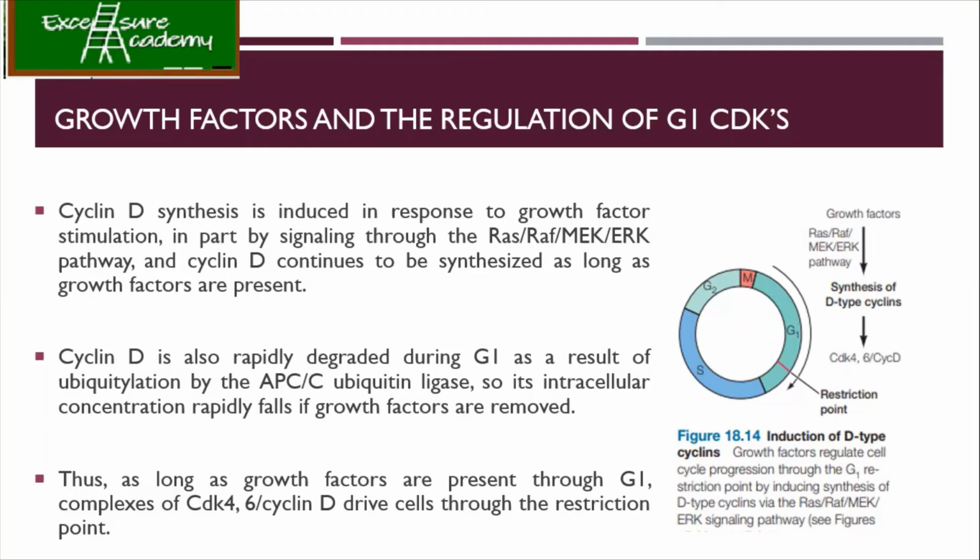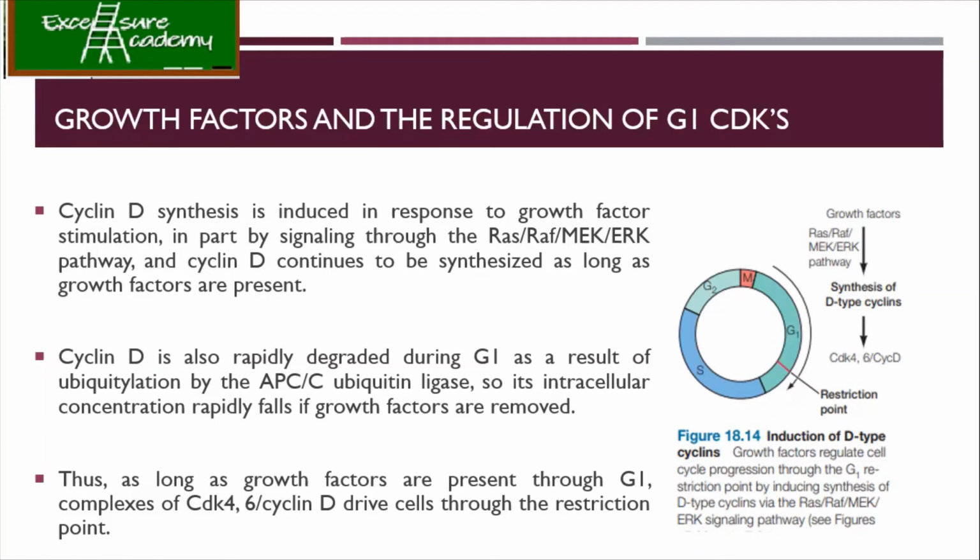Now cyclin D binds to your CDK4 and CDK6. What is the function of CDK4 and CDK6? To pass through the restriction point, or the start point. Now cyclin D is also rapidly degraded during G1 as a result of ubiquitination by the SCF ubiquitin ligase. So its intracellular concentration rapidly falls if the growth factors are removed.